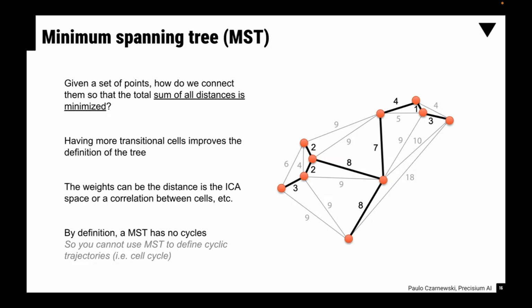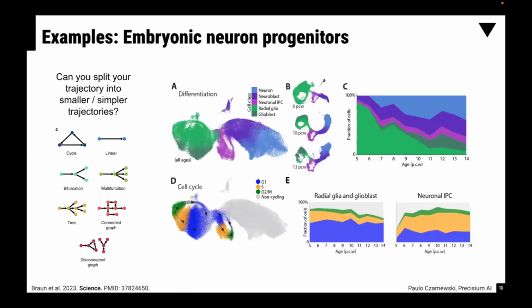So if the cells, just like in this paper here, are different samples that were collected at different time points, when you do the trajectory, you integrate all of them, so you put them into one big cohesive data set, and the differences will still be there.